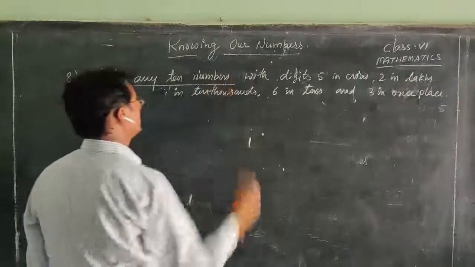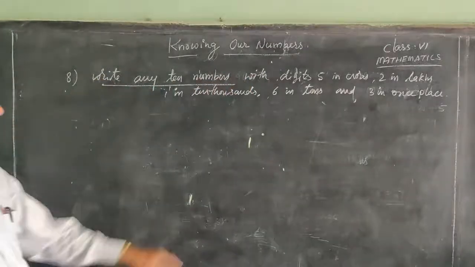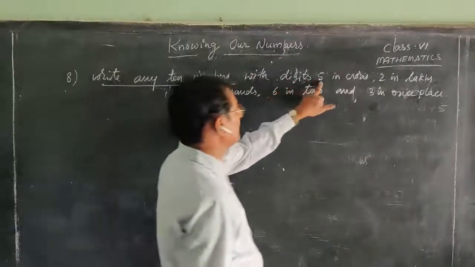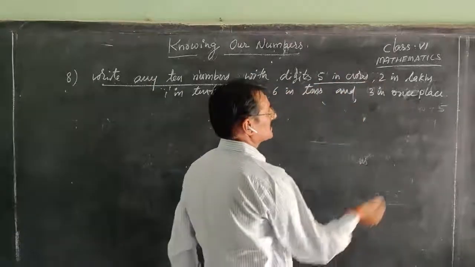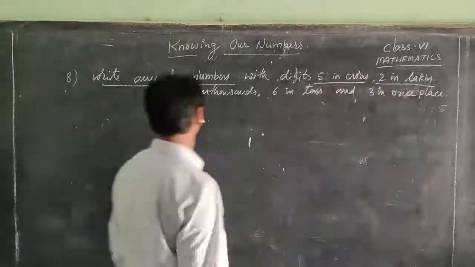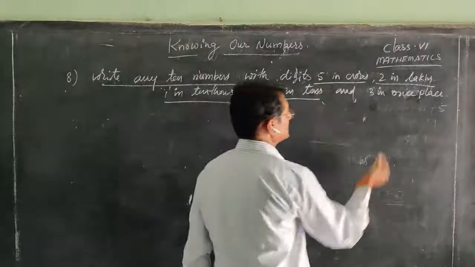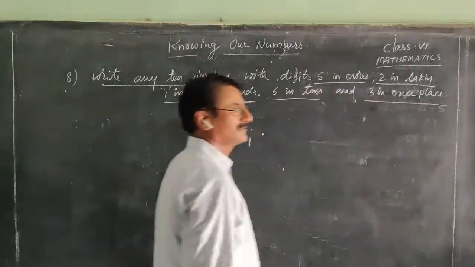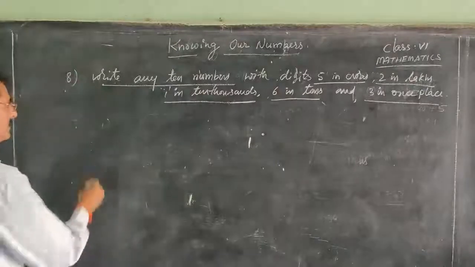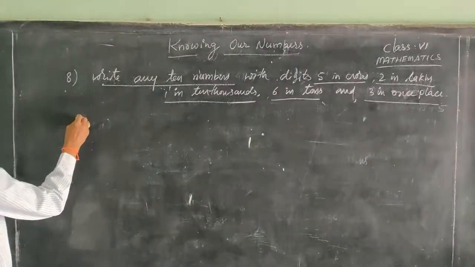Write any 10 numbers. We must use 5 in crores, 2 in lakh, 1 in 10,000, 6 in tens, 3 in ones.